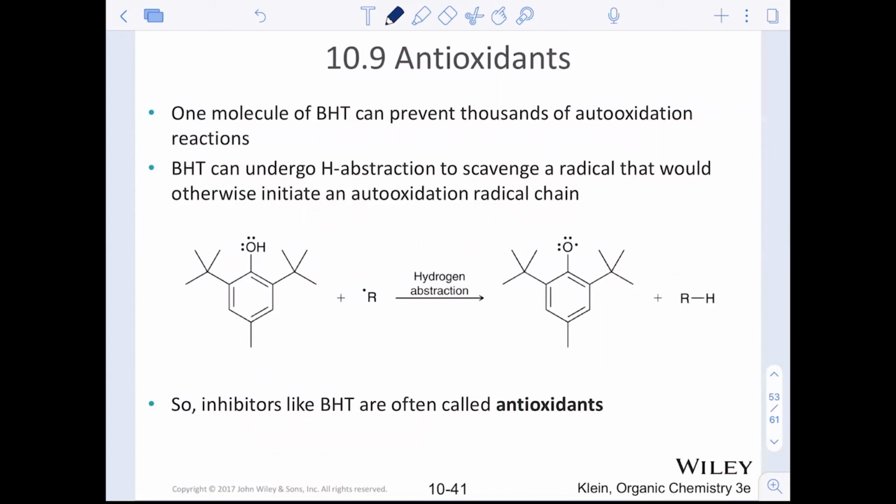So BHT can undergo a hydrogen abstraction to scavenge the radical that would otherwise initiate auto-oxidation. And so that's why we often call these preservatives antioxidants, because they are preventing the auto-oxidation that normally happens with molecules when exposed to air.